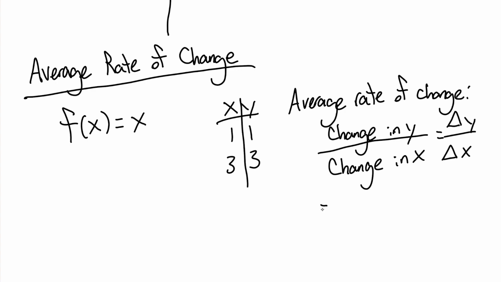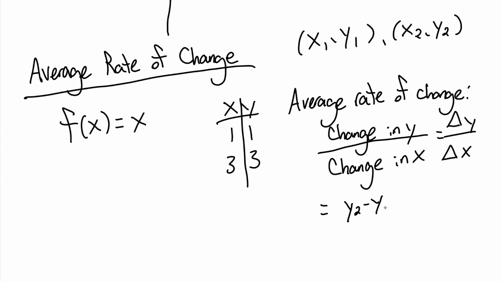And if we have arbitrary x and y points, say we're looking at the average rate of change between the points (x1, y1) and (x2, y2), kind of like we were making formulas for the distance formula and the midpoint formula, then this would be y2 minus y1 divided by x2 minus x1.